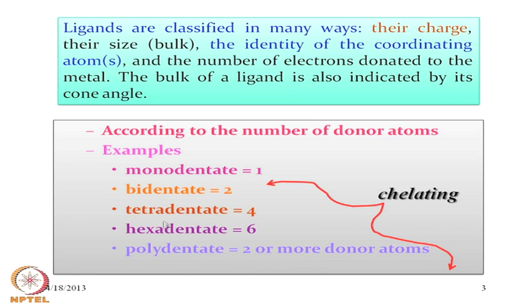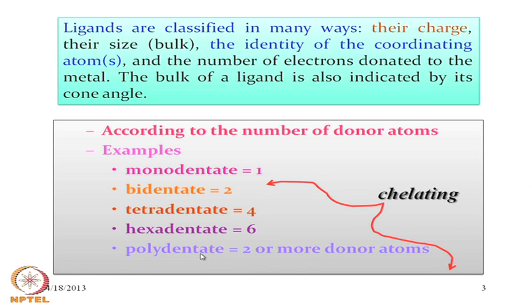But from bidentate to polydentate systems, we have more than one point of attachment. With 2 points of attachment we get a bidentate ligand like ethylene diamine. We can also have a tridentate ligand, because most useful tridentate ligands are known. Then the tetradentate ligand has 4 points of attachment, and the hexadentate ligand has 6 points of attachment.